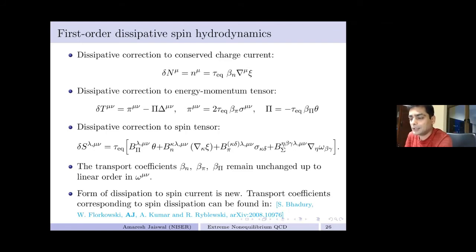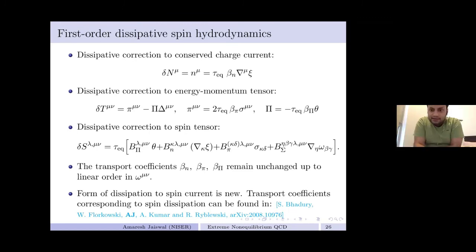If we can have such a thing going here, then we would not be bothered about going into the decomposition. Rather, we automatically would have the constitutive relations. That is something which we are working on, but it's tedious, even at linear order in omega.